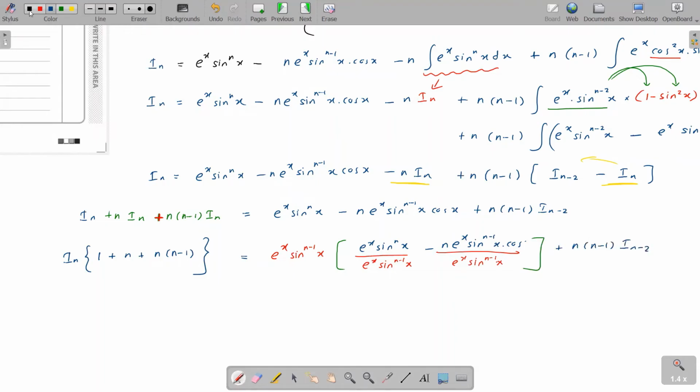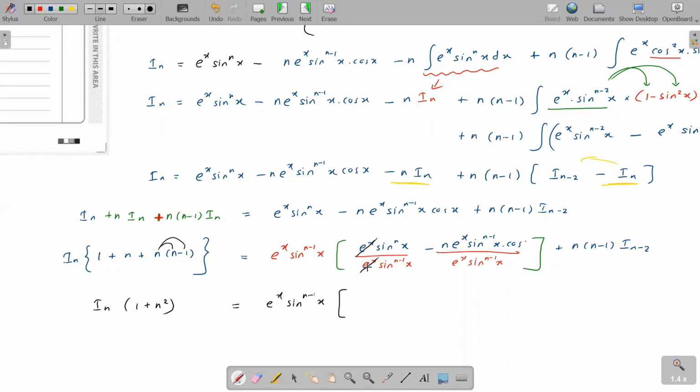So what do we get here? Over here I get I_n times 1 plus, can you see, n into n is n squared. The minus n and plus n cancel. So I get here I_n times (1 plus n squared) equals e^x sin^(n-1) x. What happens over here? You can see e^x over e^x will cancel out, right?